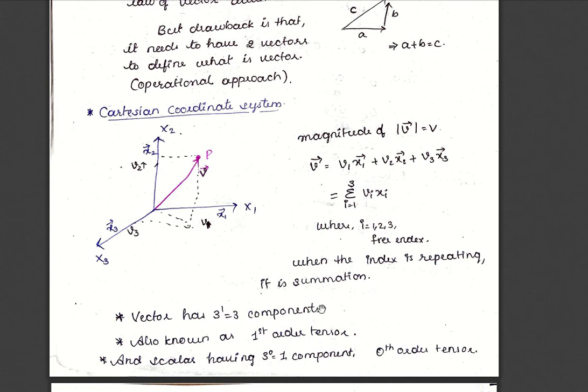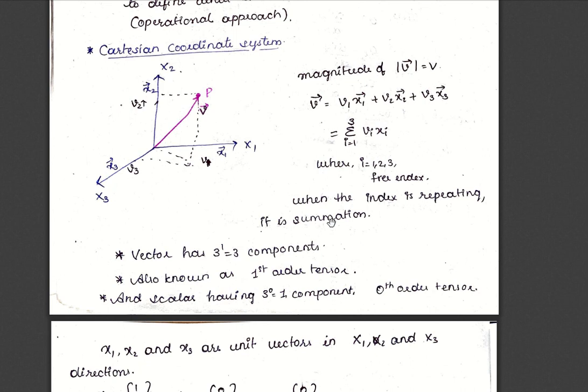We shall see that when an index is repeating, we can just take away the summation, which is known as Einstein summation convention. Let us concentrate only on this as we are talking about vector algebra. So this vector v can be defined in terms of these three axes, v1 x1 plus v2 x2 plus v3 x3. So v1 is how much it is flowing in x1 direction.